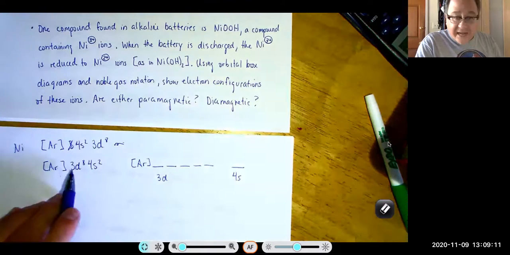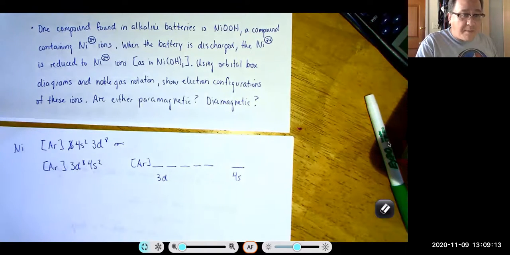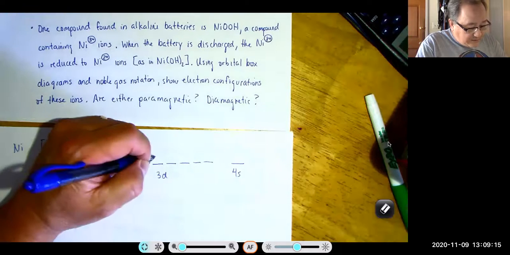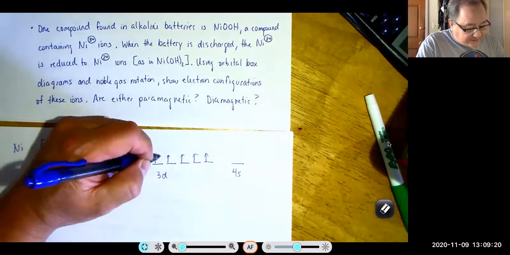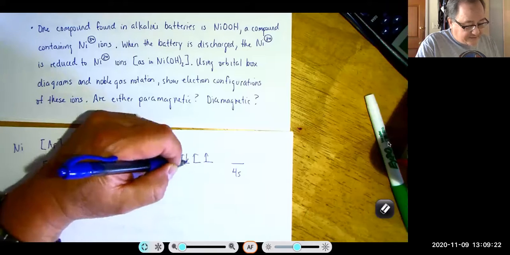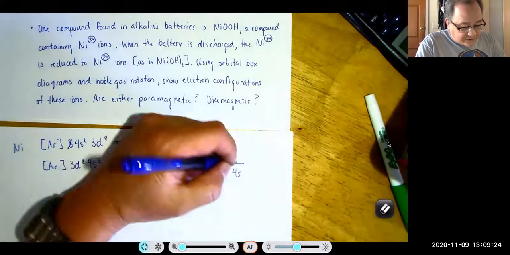The 3d has 8, so if we put them in there properly, it's 1, 2, 3, 4, 5, 6, 7, 8. And then the 4s looks like that.